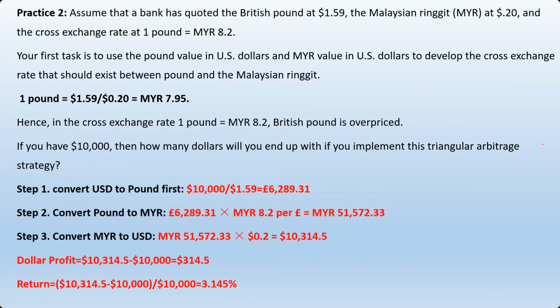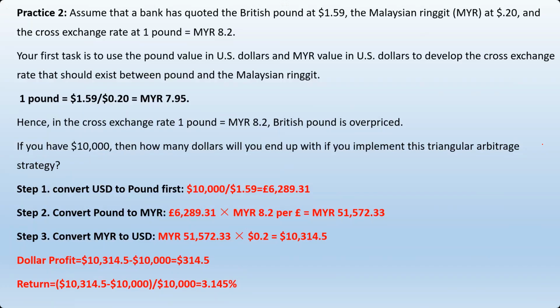So we convert the US dollar to pounds, using 100,000 divided by 1.59. Then convert pounds to Malaysian ringgit, so it's the amount of British pounds multiplied by the market price, 8.2. So it's 51,572.33.